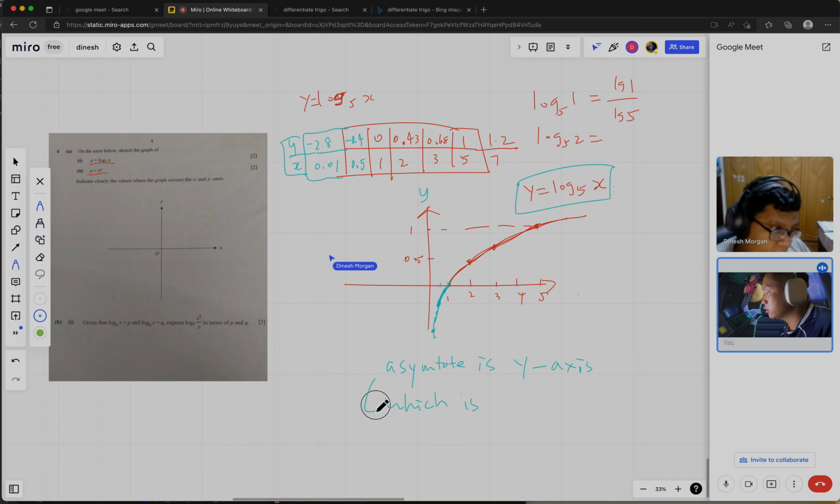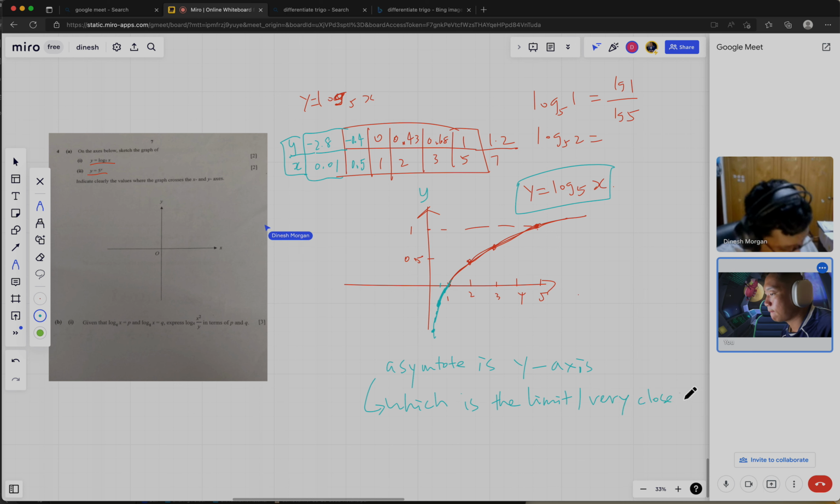What's the meaning of asymptote? It never touches. It's the limit. The meaning of asymptote is the limit, and you can only get very, very close to it. Okay, good. So that's how you graph this log 5x if you don't have a graphical calculator.